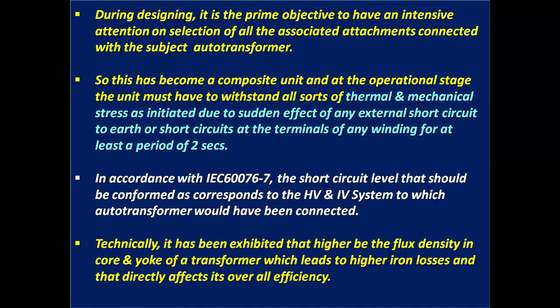Technically, it has been exhibited that the higher the flux density in the core and yoke of a transformer, the higher the iron losses, and that directly affects its overall efficiency.